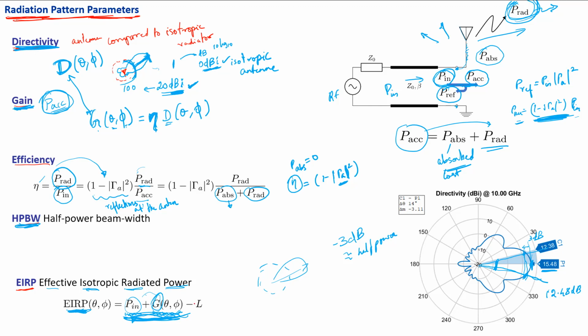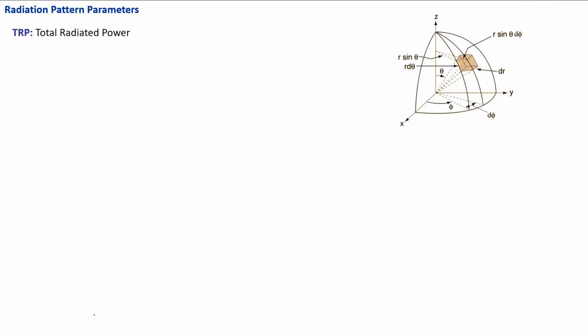Then comes the factor where if there are any losses in the system, like cable losses or even antenna losses, losses in the cable, that is characterized by the L. This L is the loss in the cable. We may not be able to get the complete input power at the input end of the antenna. There might be some losses in the cable, and that needs to be subtracted off. That is EIRP, the effective isotropic radiated power in a particular direction.